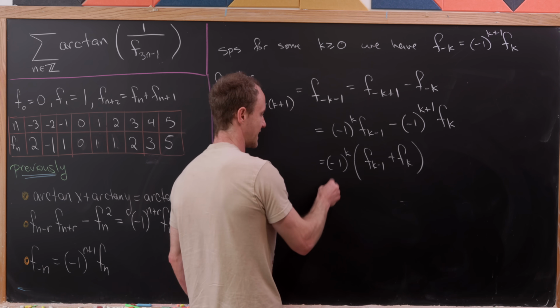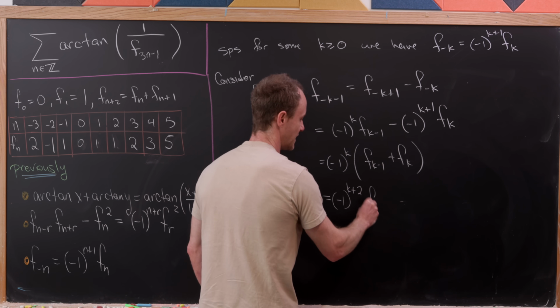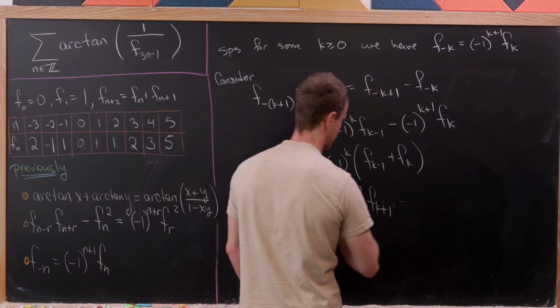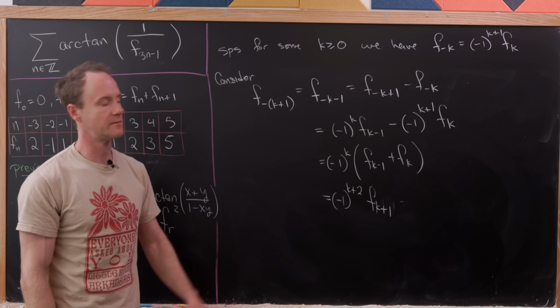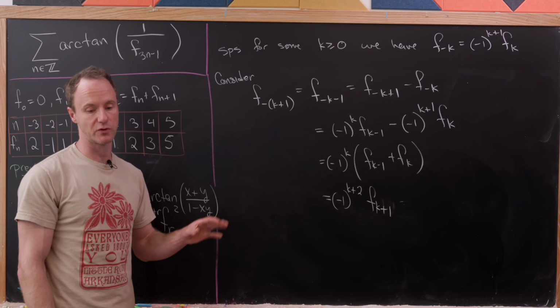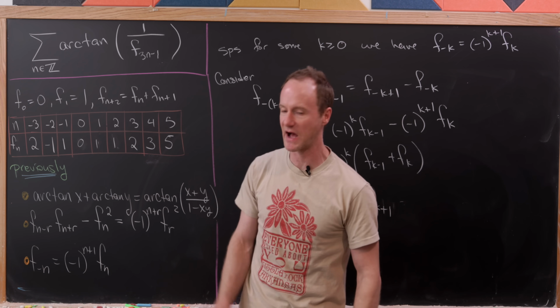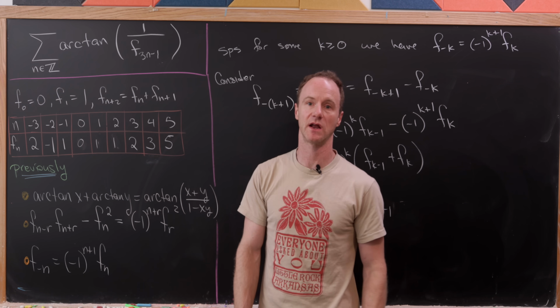But then we can replace our (minus 1) to the k with a (minus 1) to the k plus 2, and then here we have f sub k plus 1. That's obviously because minus 1 squared is 1. So let's observe here that we've done exactly what we need to prove this identity down here by induction. Now that we've got everything taken care of, we can focus on our sum.